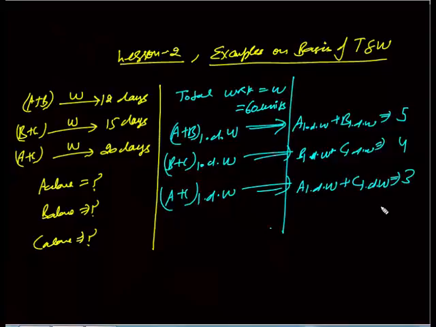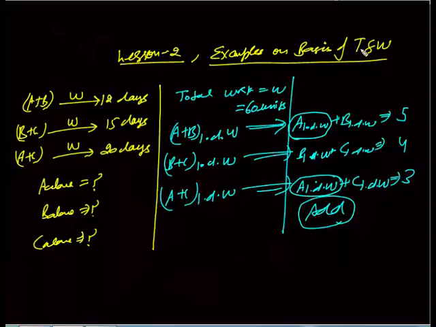Now, we need to calculate the time taken by A alone, B alone and C alone. What we'll do is add these three equations. After adding, what will you get? You can see that in these three equations, A is doing one day work here and one day work here, so in total A is doing 2 days work. What about B?